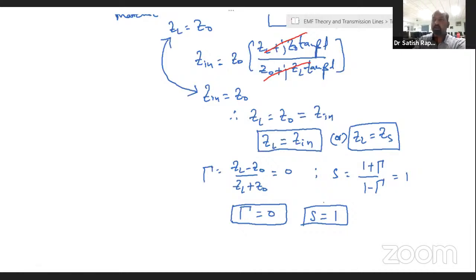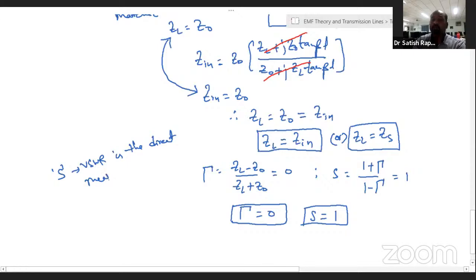So the voltage standing wave ratio is the direct measure of loss in a transmission line.